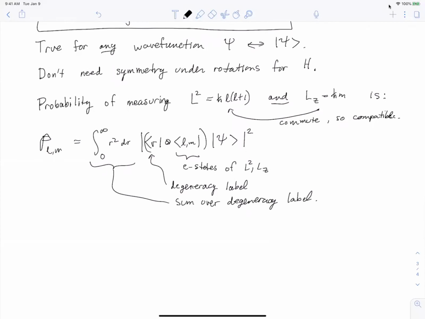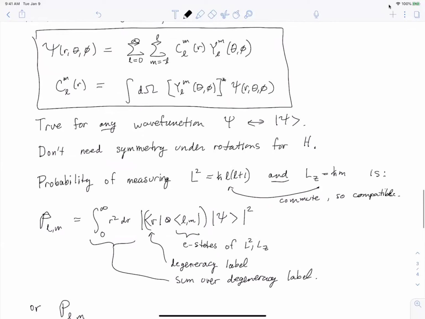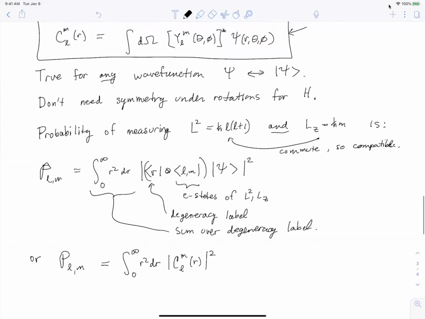Okay, but now we can simplify this because this equation up here told us what that integral is. So the PLM is the integral over all R of the CLMs, which are functions of R, squared. So that's one reason why you'd want to know what the CLMs are.